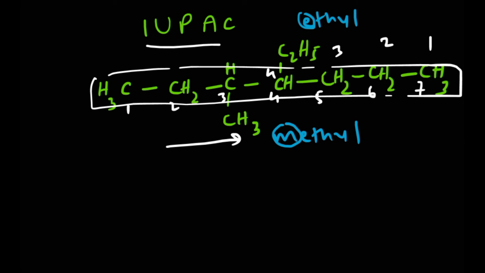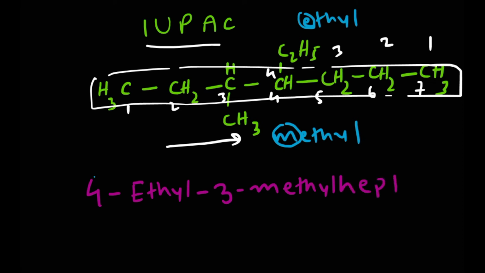So how to write this? Very simple. At number 4 ethyl is there, so alphabetically we should first write ethyl. So it will look like 4-ethyl, then 3-methyl, as in the 3 position a methyl group is there, and as there are 7 carbon present in this chain, we write heptane.